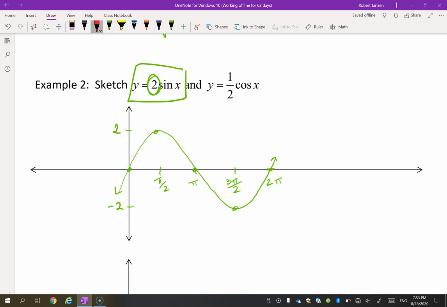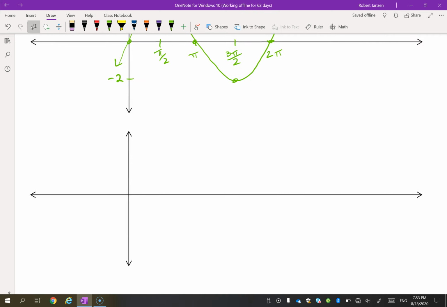Let's try the same thing with the cos graph. Again, we need to be pretty good at this already. Let's graph cosine. Now normally it would be 1 and -1, but I'm not going to put that in yet. I'm just going to graph the cosine.